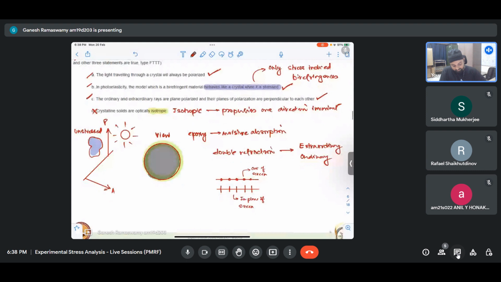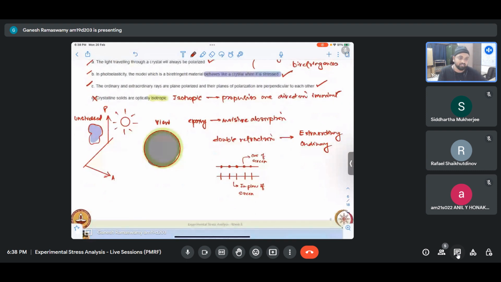Annealing: we have a furnace even in the workshop here, in our department. There will be standard annealing cycles. They'll tell you what should be the rate of increase of temperature.